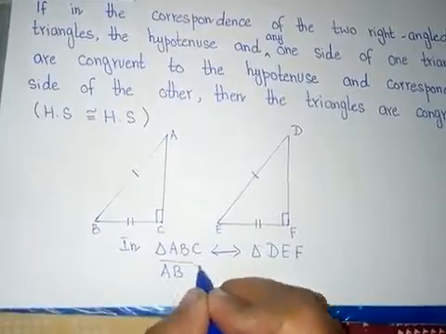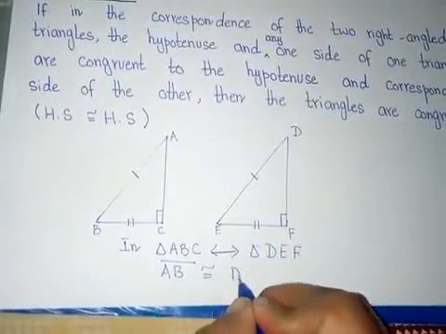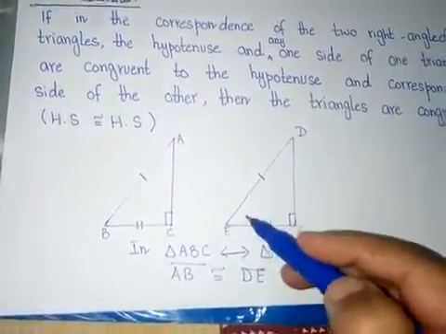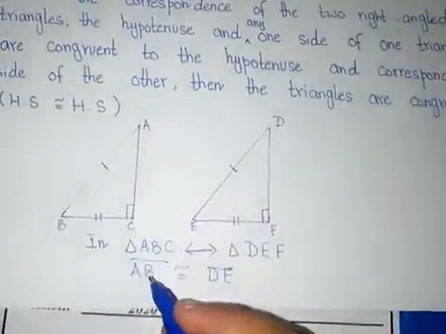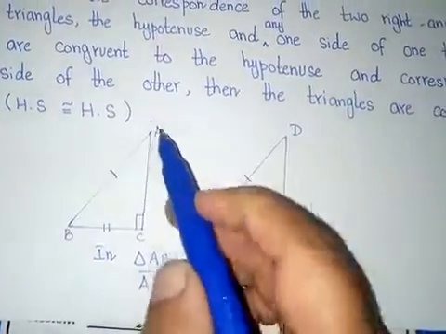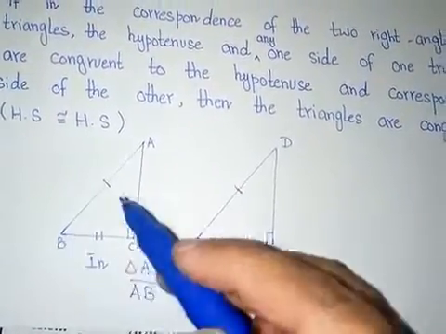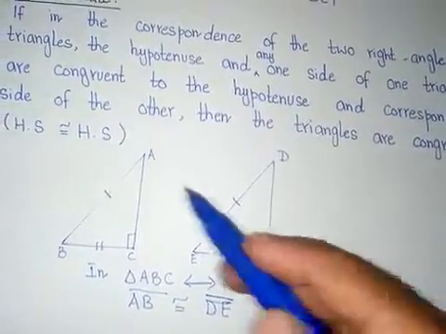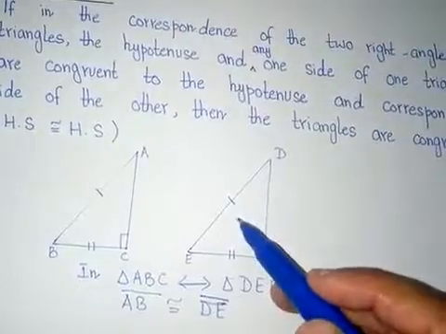AB is congruent to DE. Both of these are hypotenuse. AB is the hypotenuse of one triangle and DE is the hypotenuse of the other triangle. Both of them are congruent.